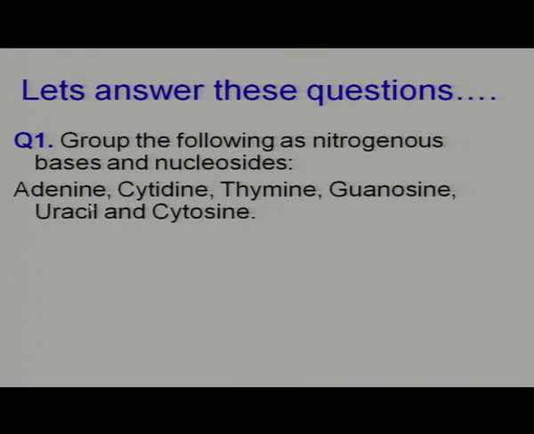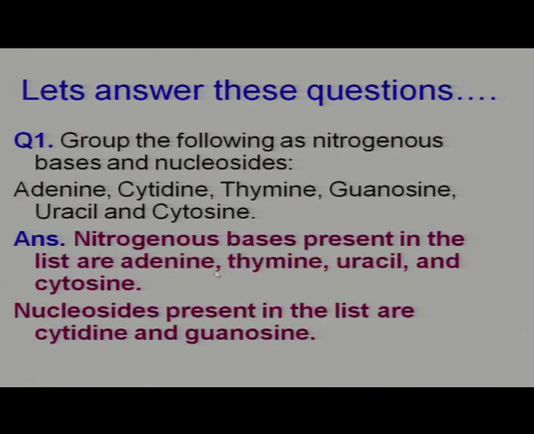What are the different nitrogenous bases in these listed molecules and what are the different nucleosides? The answer is adenine, thymine, uracil and cytosine are the nitrogenous bases, while cytidine and guanosine are nucleosides. It means there is sugar and nitrogenous base.